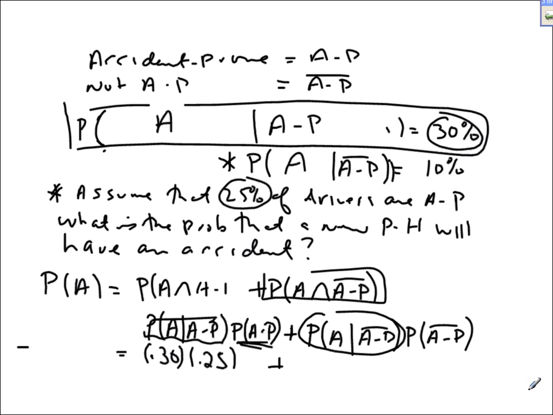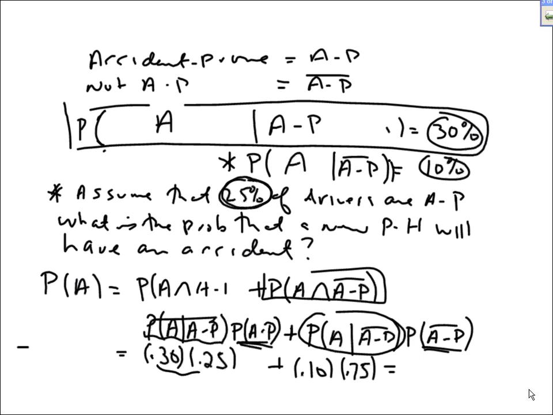That was given right here. It is 10%, 0.10, times the probability that you're not accident-prone. Well, if 25% of drivers are accident-prone, the remaining 75% are not.